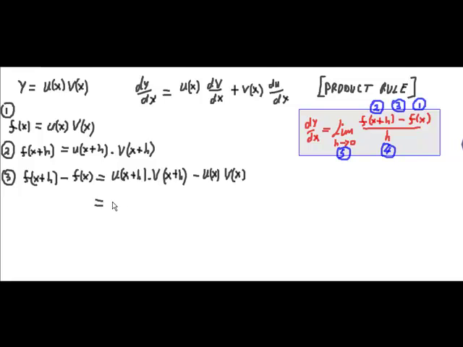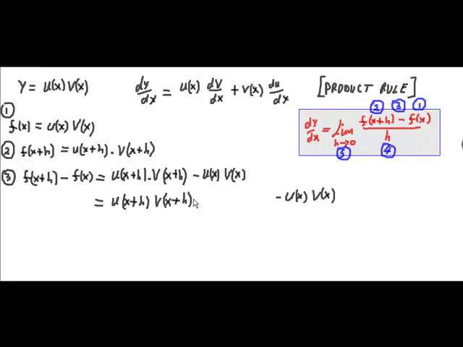The way to go about this is just to rewrite what we have at the moment: v(x+h), and I'm going to leave a big gap, and at the end of the gap I'm just going to put my minus u(x)v(x). Now the reason for the gap is we're going to add in two new terms, and again you're probably better off just to practice this a few times and get to know those terms.